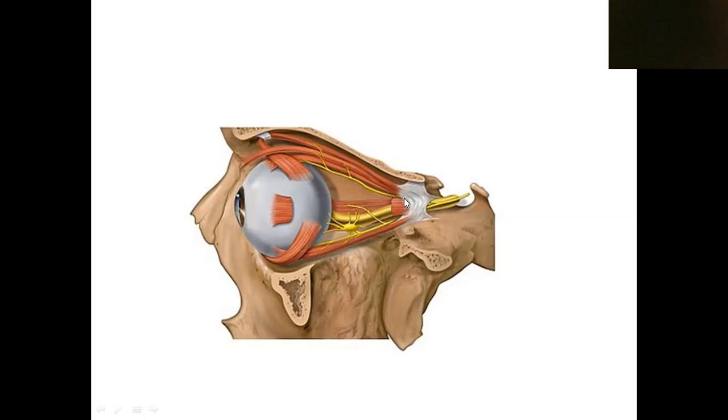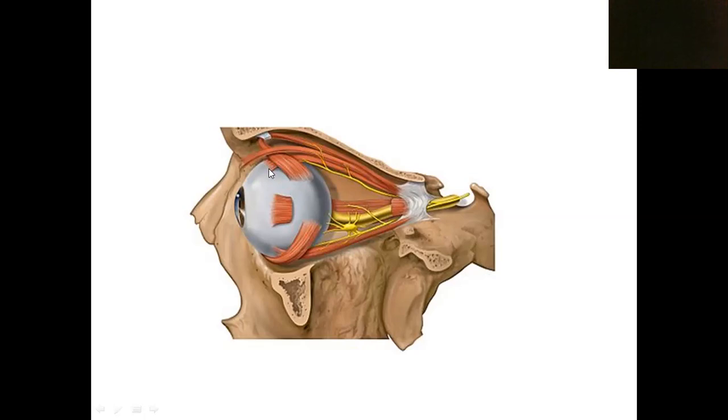From the common tendinous ring, the superior rectus runs forward and is inserted to the sclera, behind the limbus. This is the limbus, or sclerocorneal junction. So it is inserted to the sclera behind the limbus.